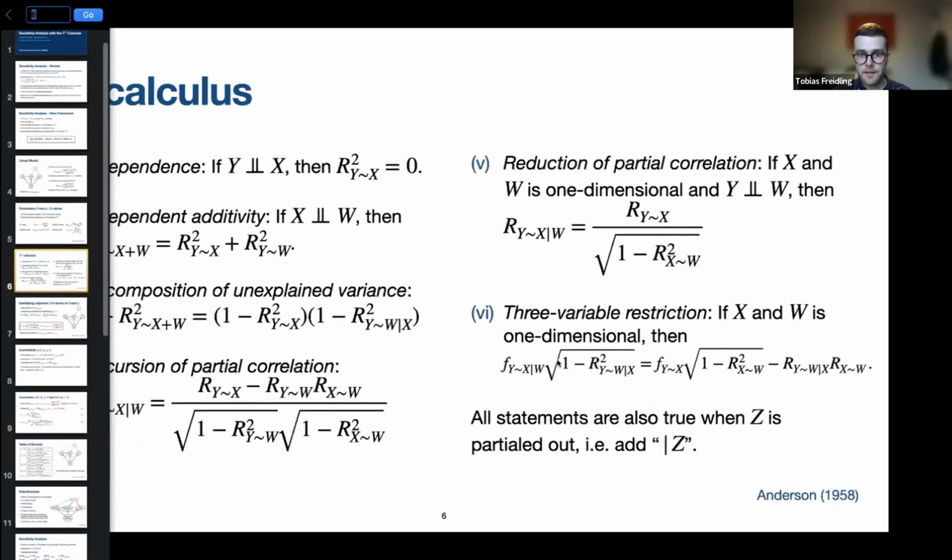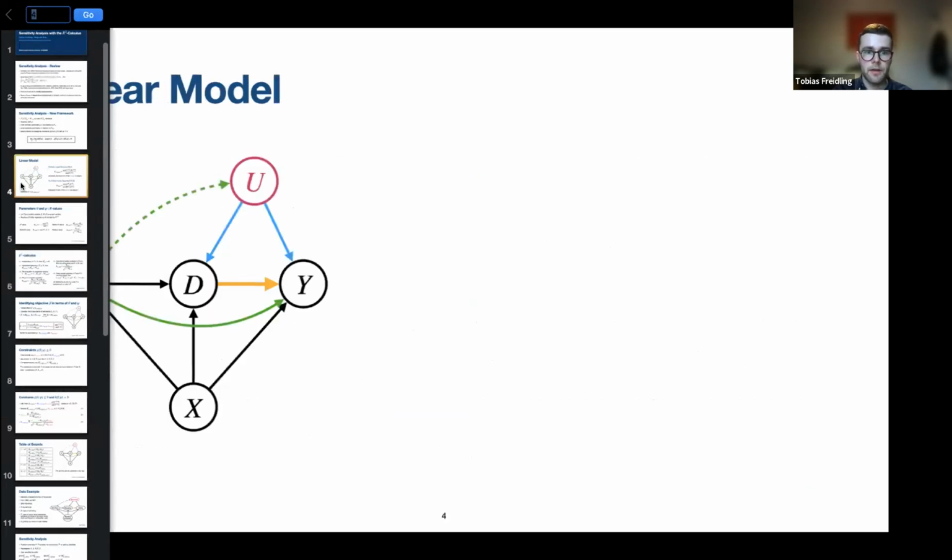In principle, yes. So the R-square calculus relies on the assumption that things are linear, but all of the rules here are kind of agnostic to where I apply them. So if, for example, I have another DAG, I could also reason about sensitivity parameters in there by applying rules of the R-square calculus. I think there are already some papers that implicitly use some of the rules of the R-square calculus.